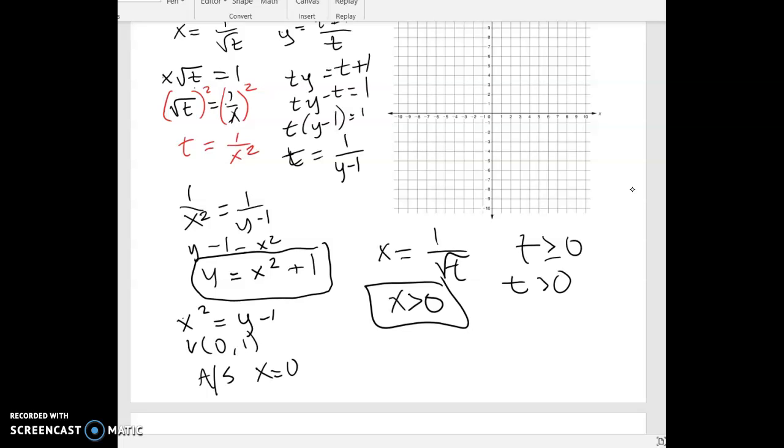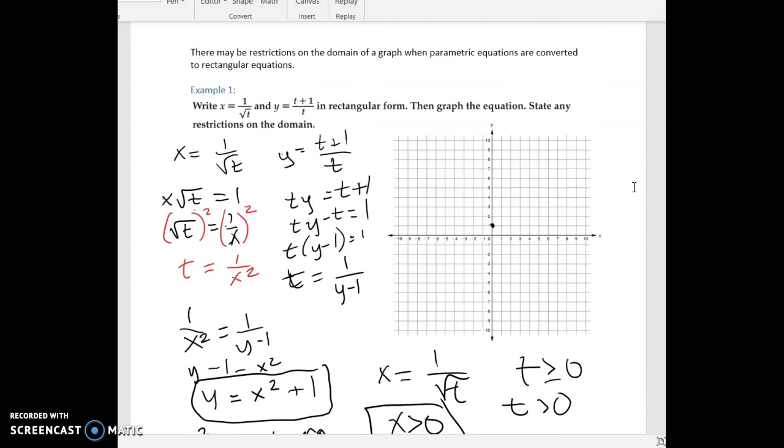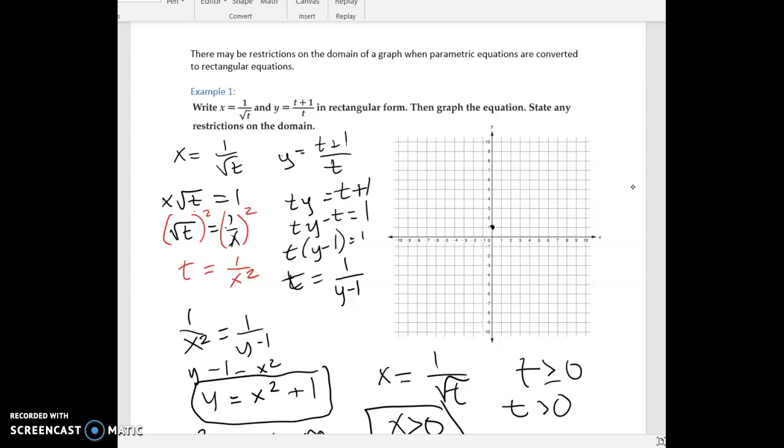I'm going to graph that on there, 0, 1. We know that's our axis of symmetry, and it should open up. Then we just need at least another point, so I'll let x equal 3, in which case we would have 9 equals y minus 1, so y would equal 10. So I would also have a point at 3, 10, and then one on the other side because the y-axis is our axis of symmetry.